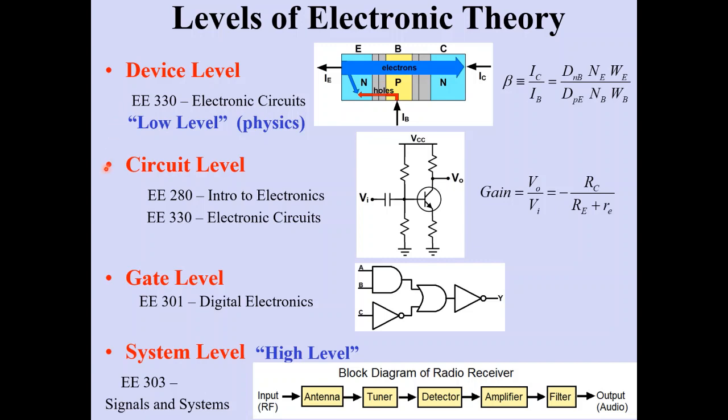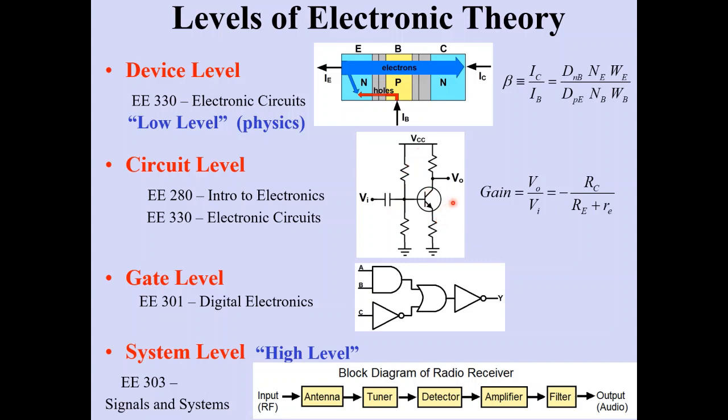The next level up is the circuit level, and this would be covered in classes such as EE 280, Introduction to Electronics, or EE 330 again, Electronic Circuits. At the circuit level, we represent this transistor here with just its circuit symbol, which is shown right here, and the transistor might be connected to a variety of resistors, capacitors, and power supplies.